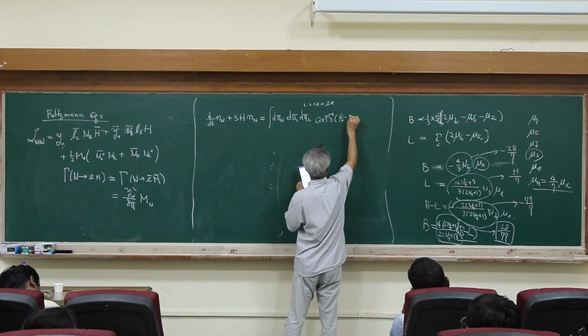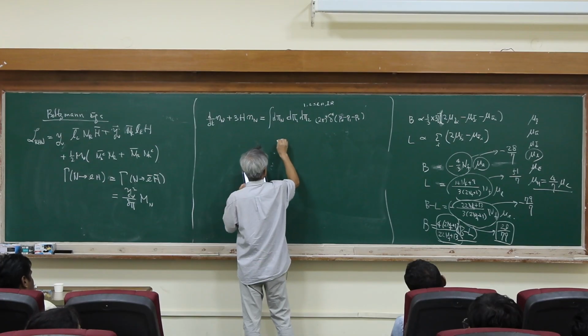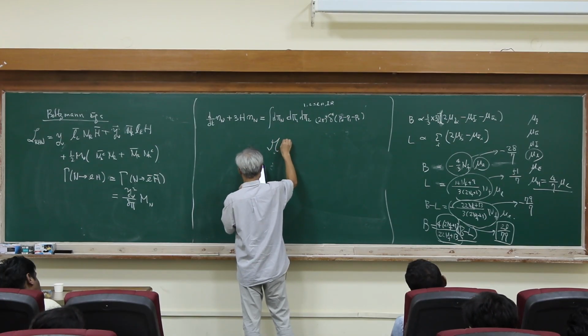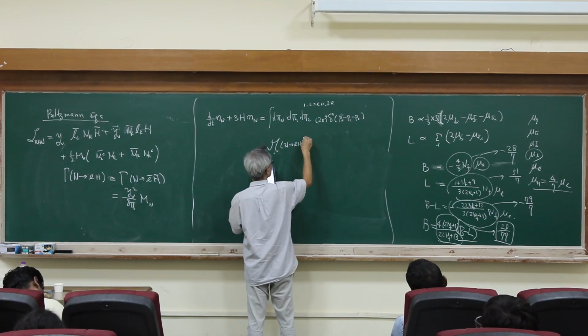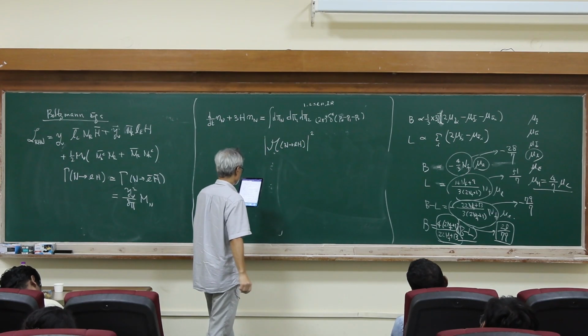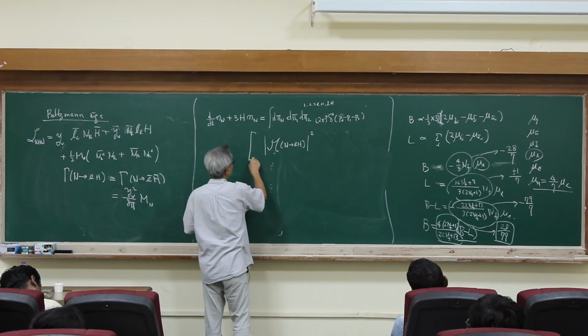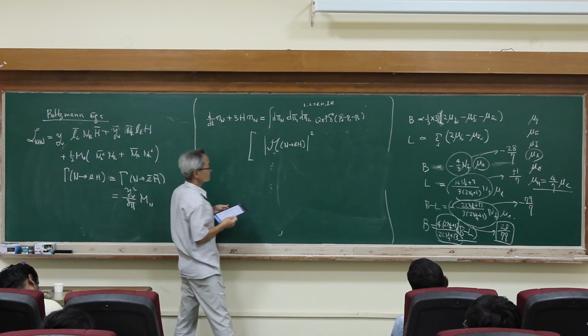No, this is a 4-vector. And then the decay rate of N to LH will reduce the number of right-handed neutrinos by 1 unit.